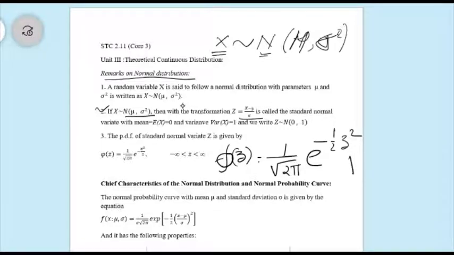Since in the original function this value was x minus mu by sigma, we replace x minus mu by sigma by z. So with the new variable z, the function becomes 1 by root over twice pi e to the power minus half z square, which is called the standard normal distribution, and z is called the standard normal variate.